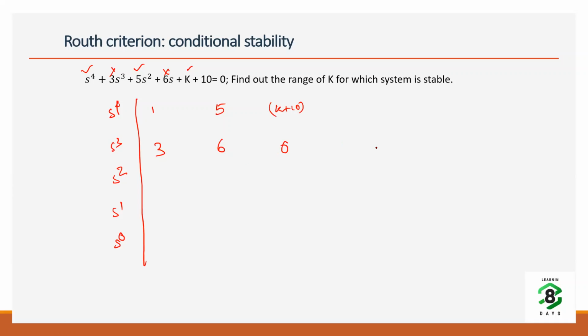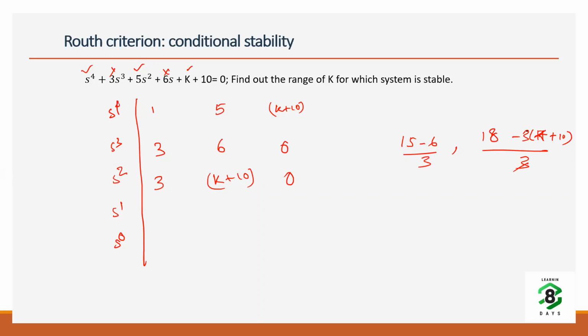So 15 minus 6 by 3. So this again 3. What about the second term? k plus 10, because this is 0, 3 into k plus 10 by 3. Now the second component is 18 minus 3 into k plus 10 by 3.